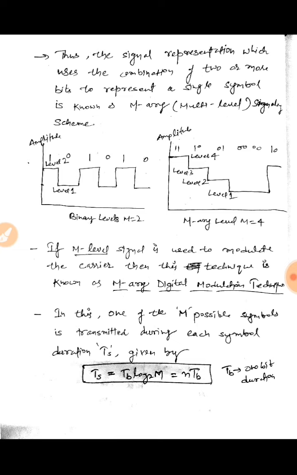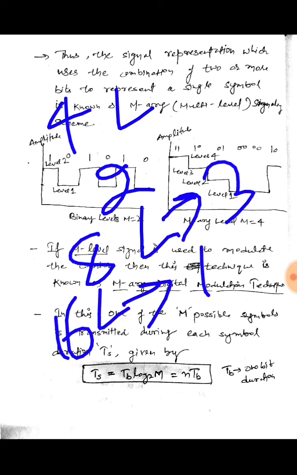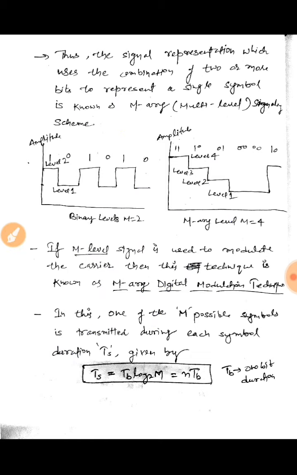If it is a 4-level scheme, then 2 bits would be used. If it is 8 level, then 3 bits. If it is 16 level, then 4 bits will be used to represent a single symbol.